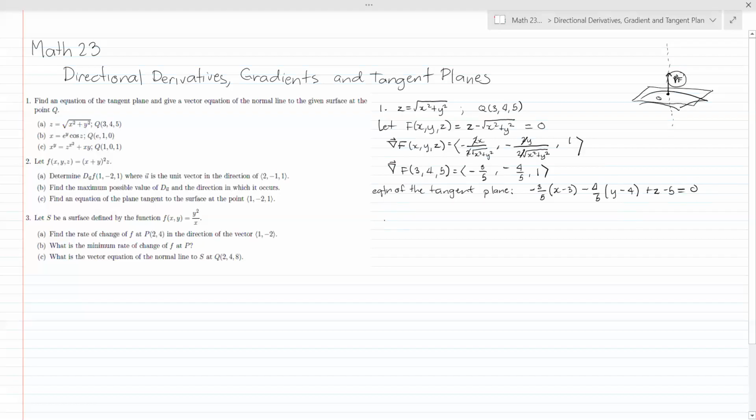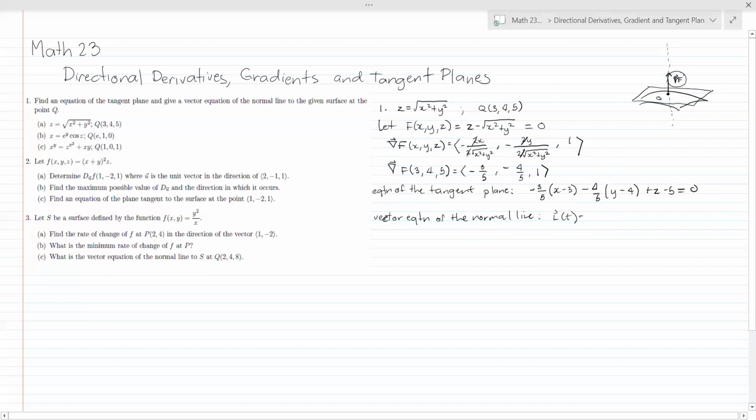How about the vector equation of the normal line? So let's say R or L yung line.